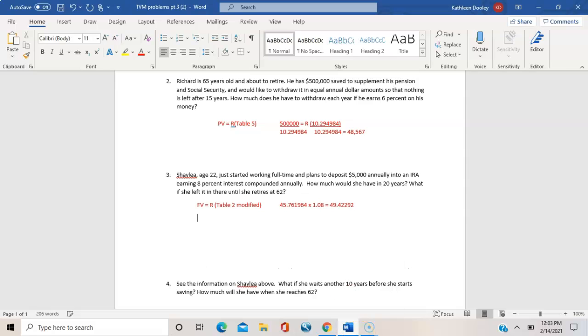Okay, so now we can say that our future value equals our R, which is 5,000, times our table 2 modified, which is 49.42292.